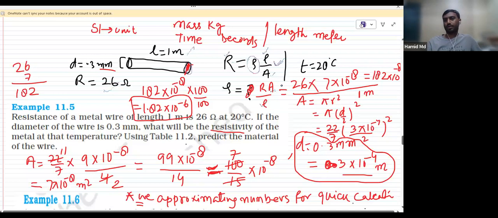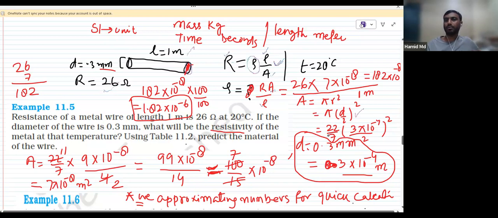Yes, sir. Okay. So how do we find the area of a circle? Pi r square. What is the relation between radius and diameter? The radius is half of the diameter. So we have written pi d square by 2. Is that clear? Yes, sir.